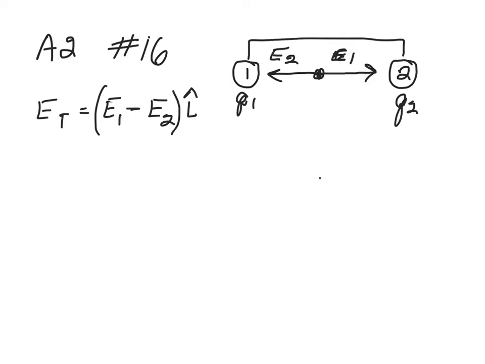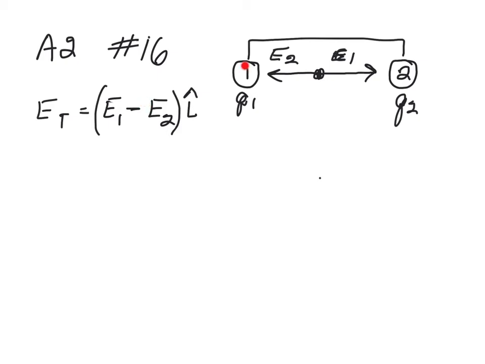And so if E2 is a bigger charge, then this vector will be bigger, and the answer will be negative, which it should be. And if Q1 is bigger, then E1 will be bigger, and it'll be positive.